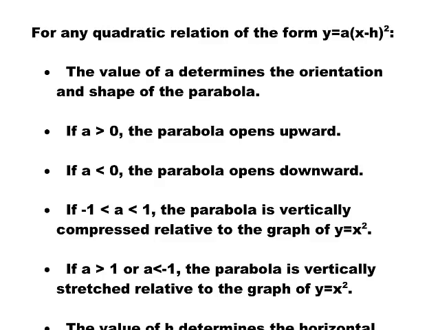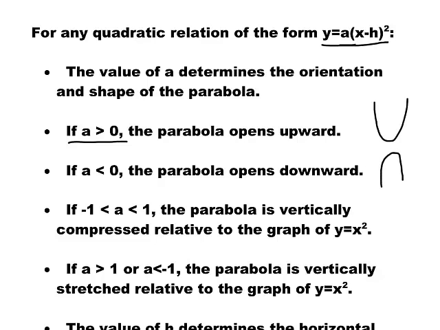Now let's summarize what we have covered so far. For any quadratic equation of the form y is equal to a times x minus h squared, the value of a represents the orientation and the vertical stretch or compression of the base function y equal x squared. If a is greater than 0, then the parabola opens upward. When a is negative, the parabola opens downward.